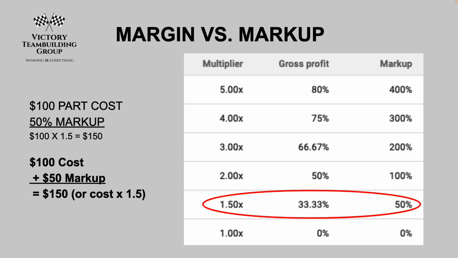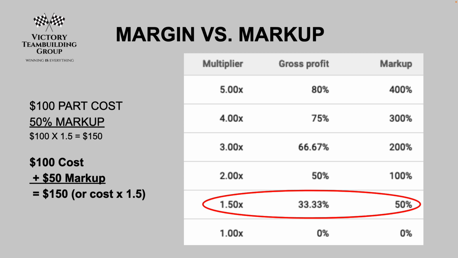Now, this came from our shop management software. I just made an example here. These aren't markup matrices that I use on a standard basis, but I wanted to show an example of what that actually breaks down to as far as profit margin.